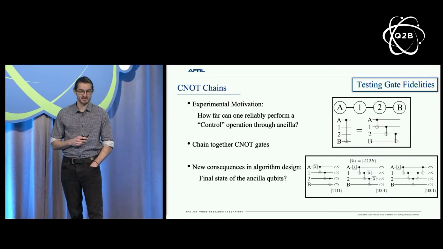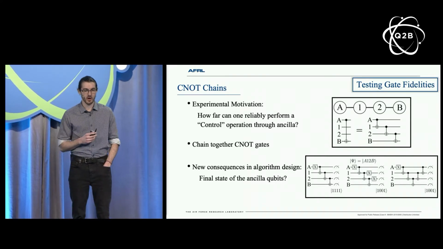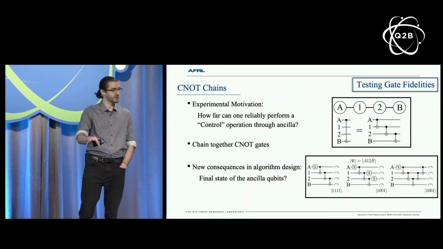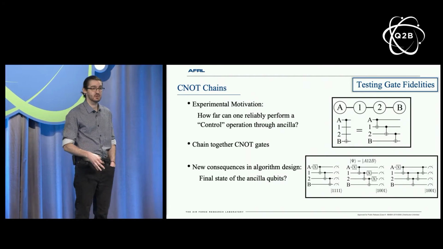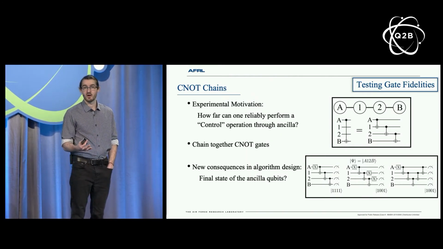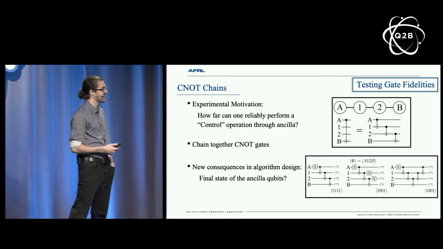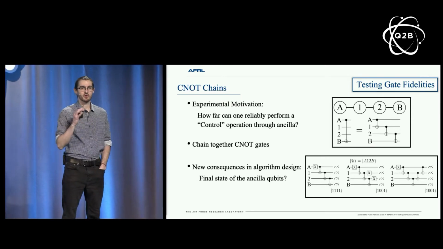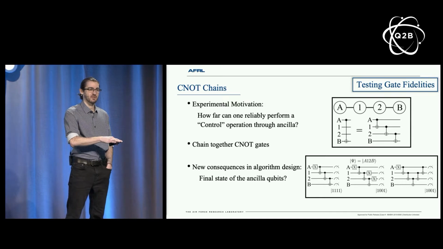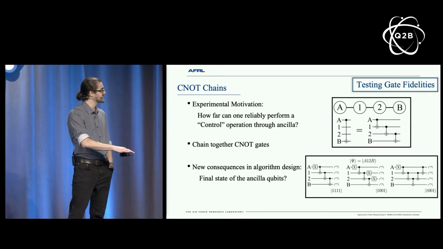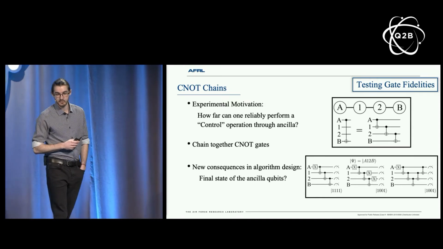Now, in doing this C naught chain experiment, as we call it, I just wanted to show you that it introduces new consequences. When you read an algorithm like Shor's, Bernstein-Vazirani, Simon's, Grover's, those are all originally designed so that all the qubits can talk to all the other qubits, and it's nice theoretically.